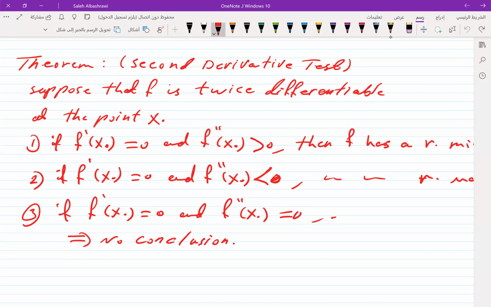It means we cannot say whether it is relative maximum or relative minimum. In this case, we have to use the first derivative test to check. So we need just to go back to the first derivative test to say whether it is relative maximum or relative minimum. So in the third case, if the first derivative is equal to 0 and the second derivative is equal to 0, then we cannot say anything. It might have relative maximum or relative minimum, or maybe it doesn't have any one of them.